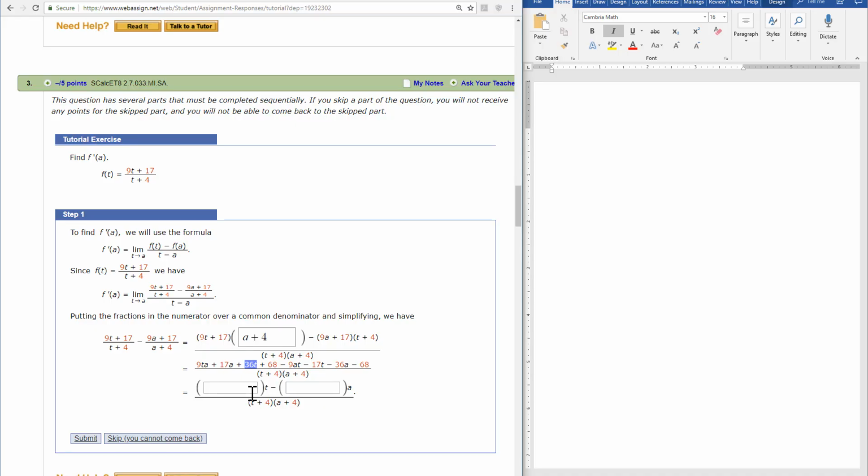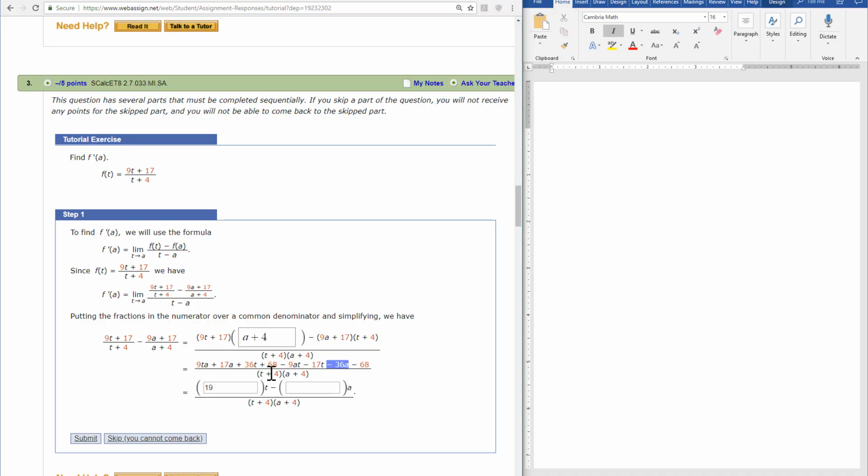So we have a 36 and a 17. So 36 minus 17, that might be 19. And that's going to be the coefficient of the t's after everything's got simplified. And then there's a minus sign here, and then the coefficient of the a is 17 minus 36.